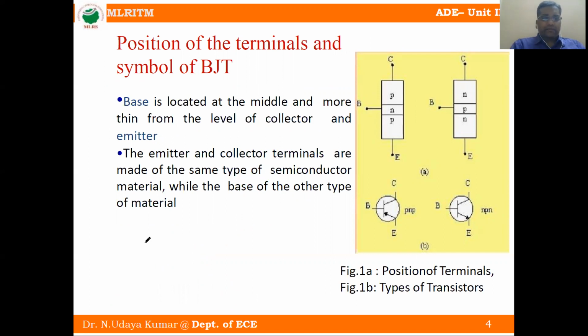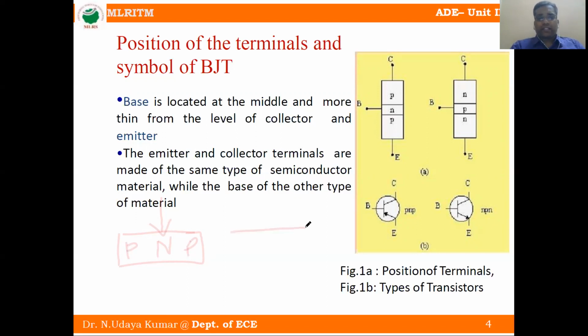This is one type of material, for example P. Here this is the P-type material, two parts are there. Whenever another material like N-type material is sandwiched, that is inserted in between the two P-type materials, then we call it a PNP transistor.